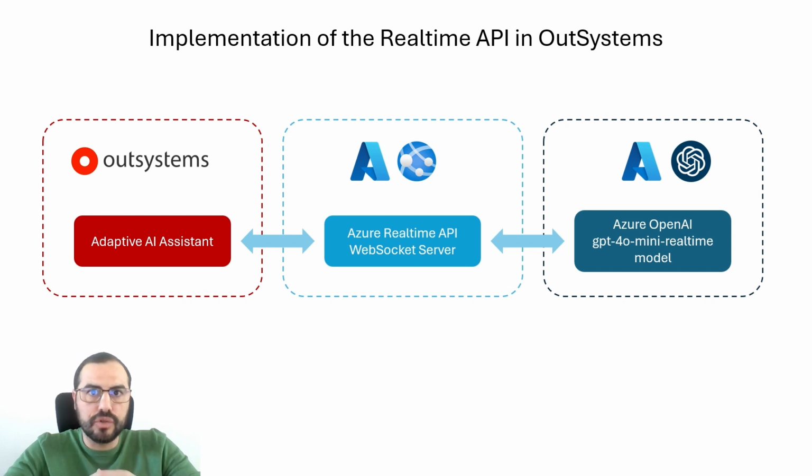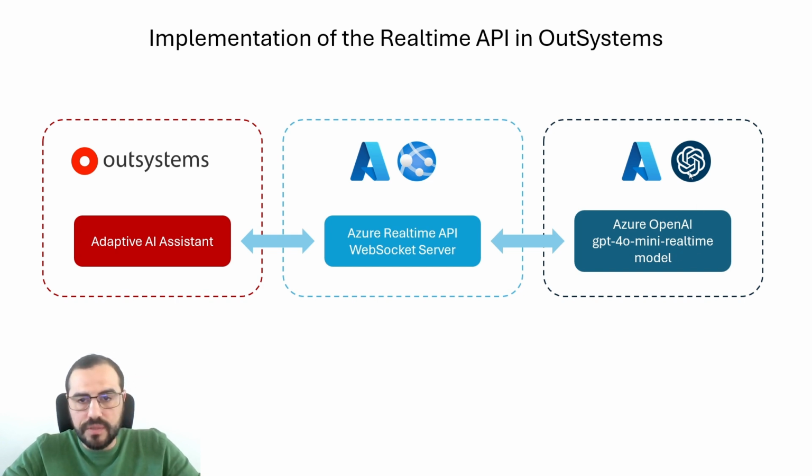Microsoft Azure, by acquiring OpenAI, also has the same real-time functionalities, with exactly the same APIs and types of messages. This means that you don't have to change anything in your code when moving between OpenAI and Azure OpenAI. But right now, I used the Azure OpenAI real-time model.